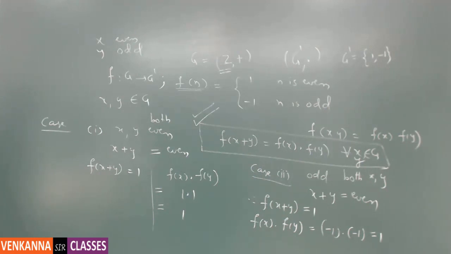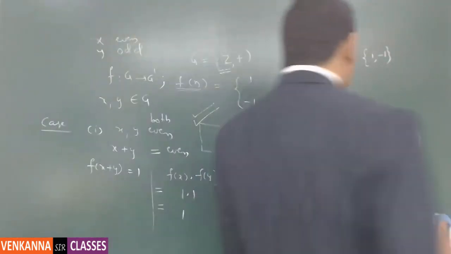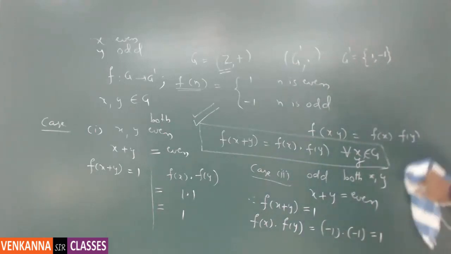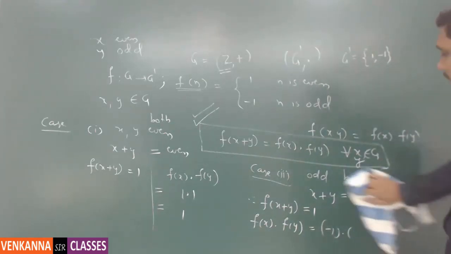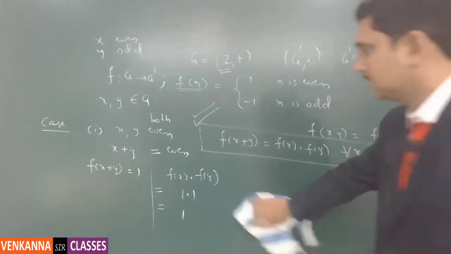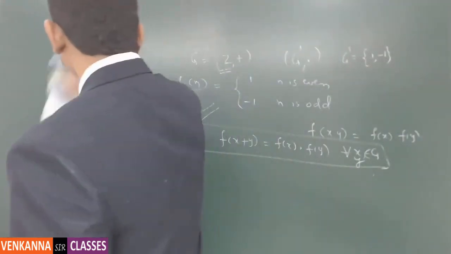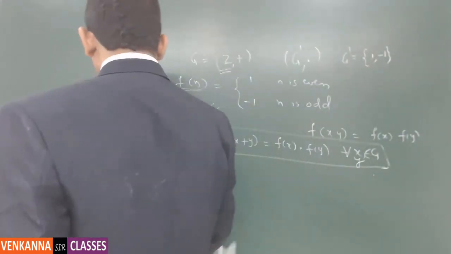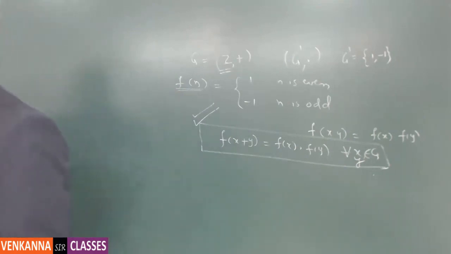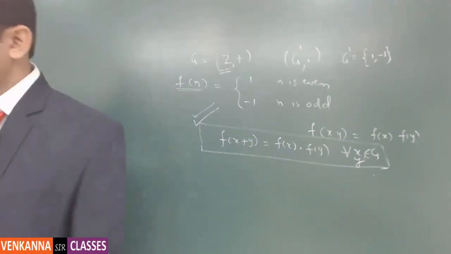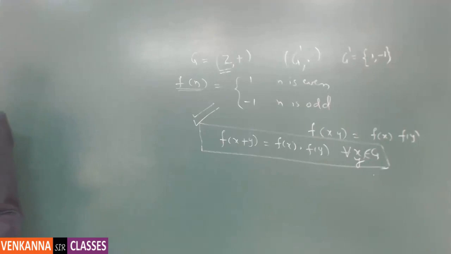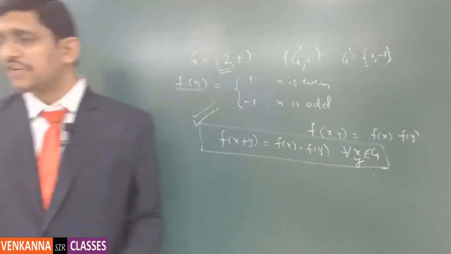Now, for this problem, if you think about it, is the function one-one or not? Can you tell? Is it a one-one function or not? I think everyone will know the definition of a one-one function.